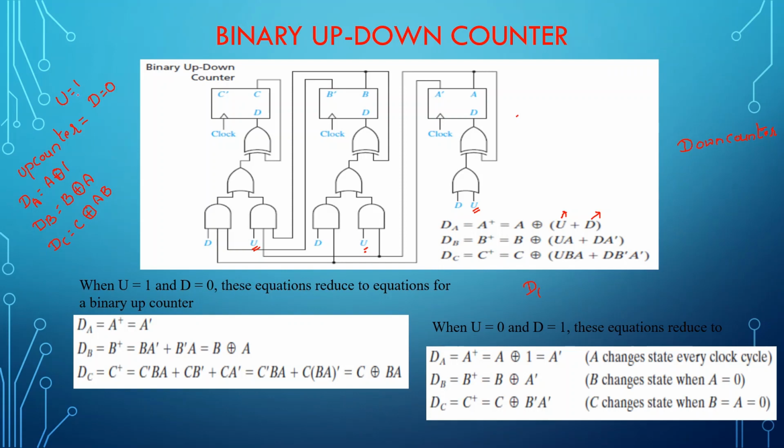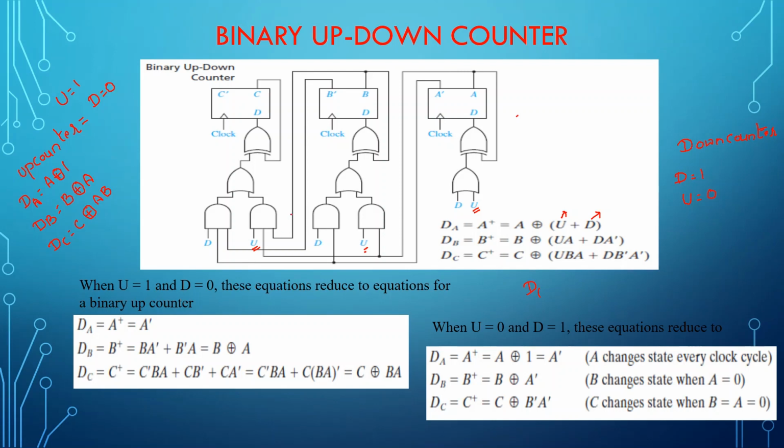If you activate the U signal, your circuit will be counting from 0 to the count you have specified. Very similarly, if you want the circuit to count in the downward fashion, you need to make your D signal high and your U signal low. If you make these changes in the circuit, the circuitry you can see here can function both as an up counter and a down counter.